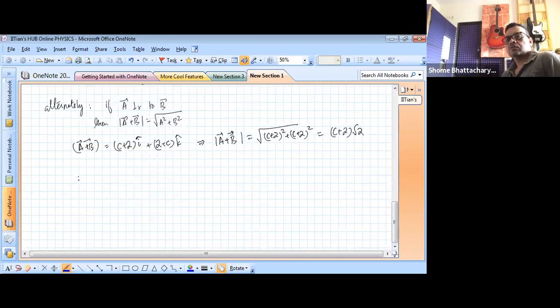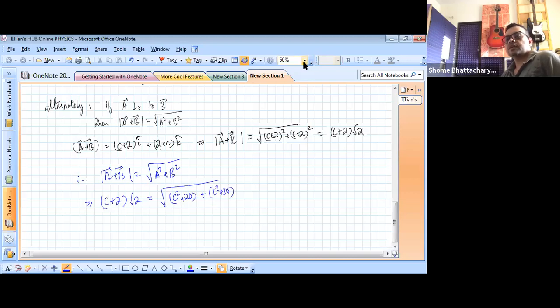Therefore, magnitude of E plus B is equal to root of E square plus B square. This implies that C plus 2 whole thing into root 2 should be equal to square root of C square plus 20 plus C square plus 20.